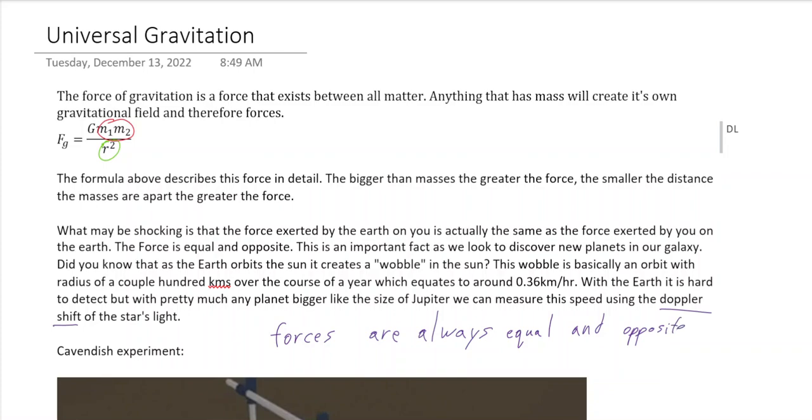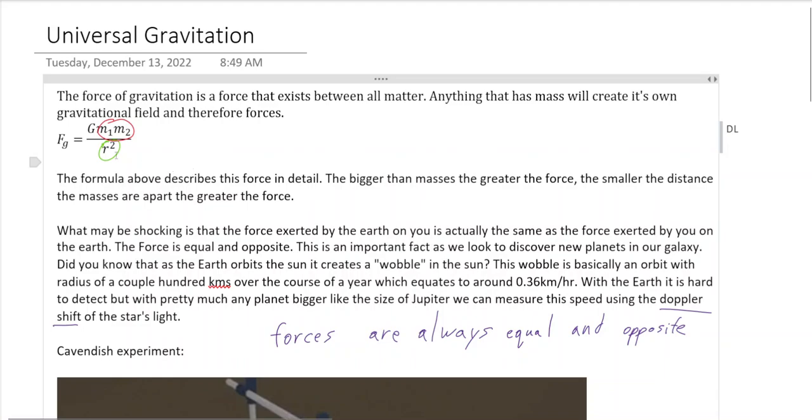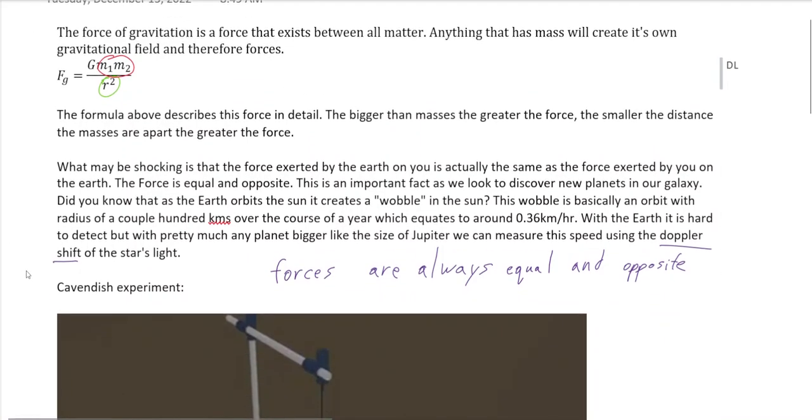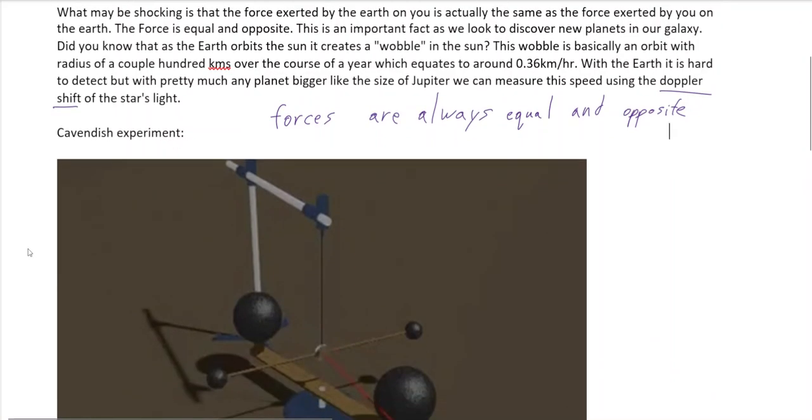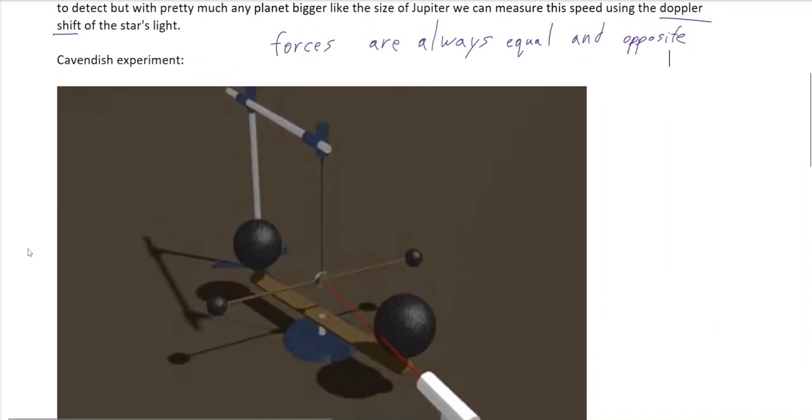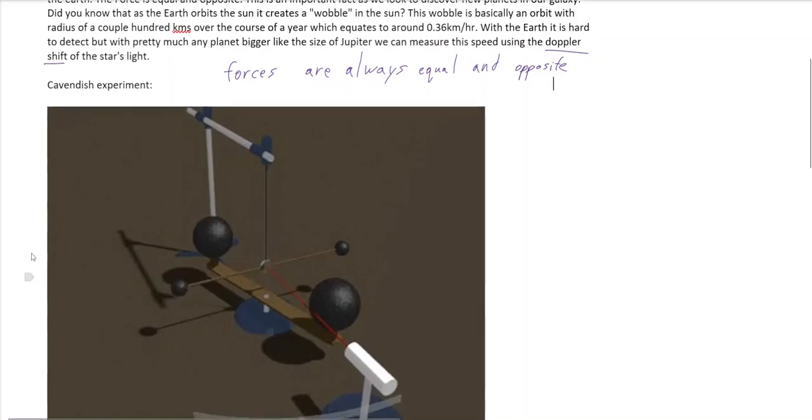Just like the Earth pulls on the moon, the moon actually pulls on the Earth. It becomes a little more obvious with the Earth because our tides are affected by the moon, for example. So anyways, let's continue on to the Cavendish experiment.